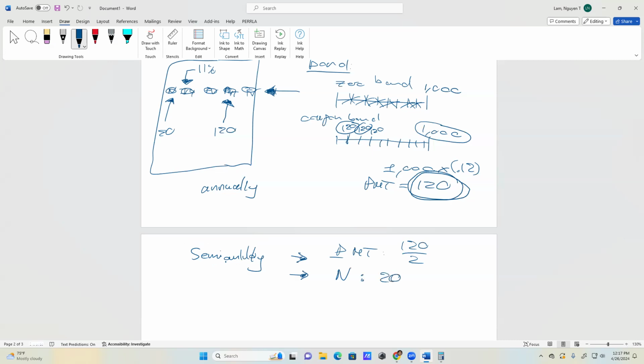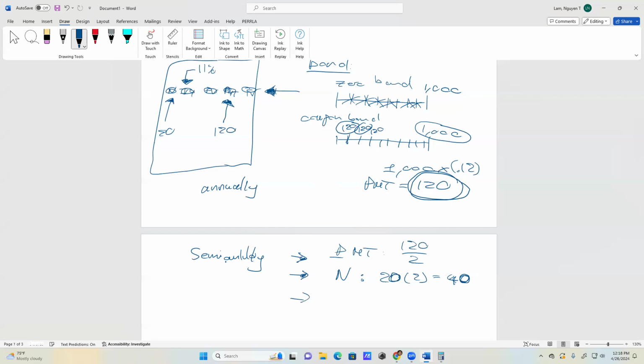However, the payment is paid semi-annually, so you have to multiply it by 2. So it's going to be 40 payment periods in total, even though it is 20 years, right? You're going to receive 40 payments. So those are the first two things that are going to be different from the problem up here.